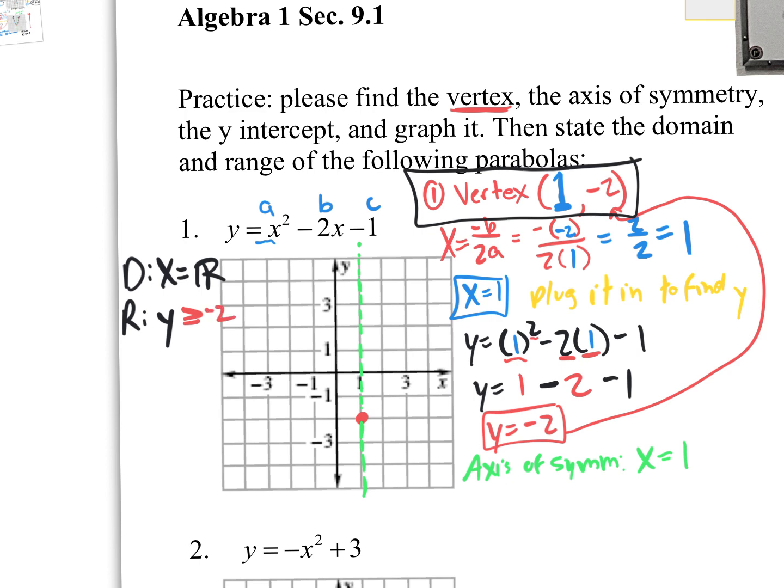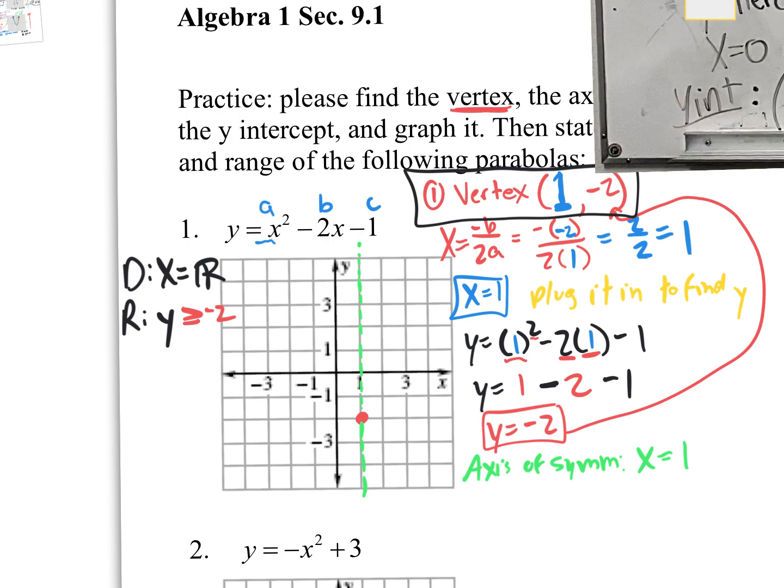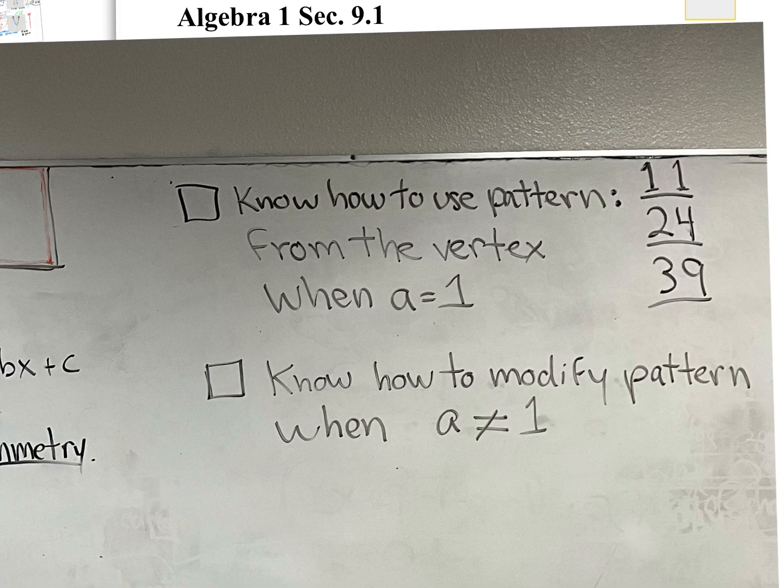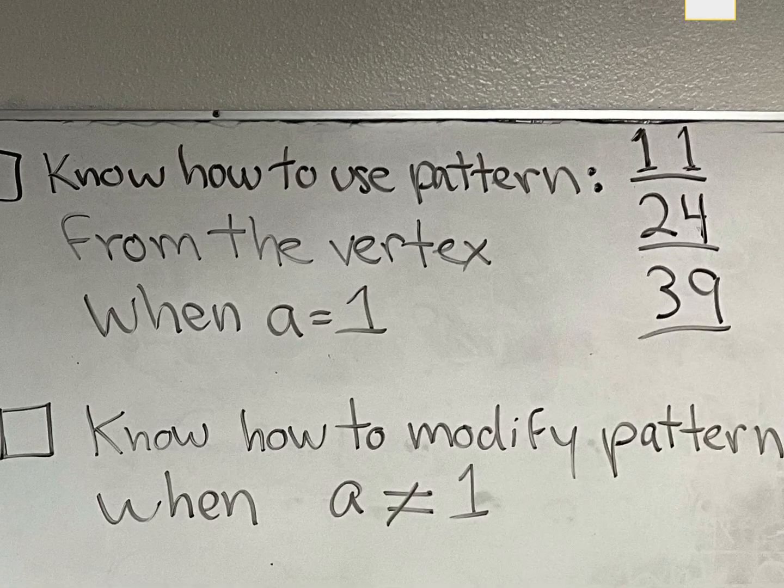But of course, I want to graph it, right? So let's graph it. We need more points. You could go to an input-output table, or you could realize that because the a value is 1, we could use the pattern, and it says up here, know how to use the pattern 1, 1, 2, 4, 3, 9 when your a value is 1, okay?